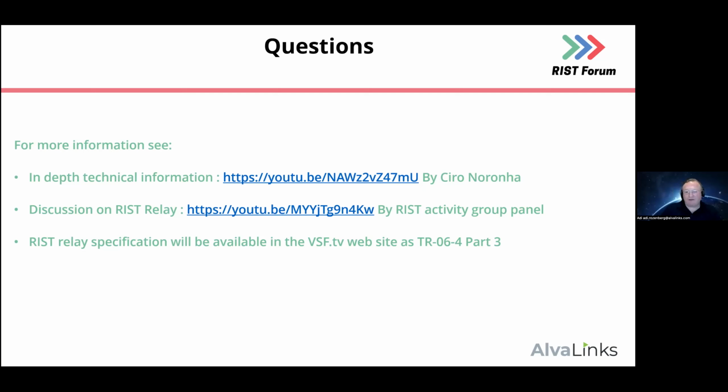Members of the RIST activity group said, we would love to have something like that because it solves a lot of our problems in the security aspect, not bothering the IT folks, the time to spin up stuff. If it can be hosted on a cloud service, it will be a great opportunity for us to use. And the business model, you can decide what you want to do and what the capability is. It is definitely adding more functionality and will spring more applications as we go along.